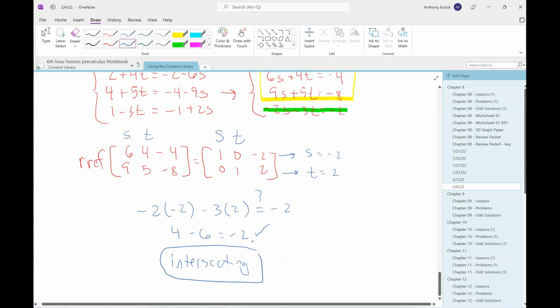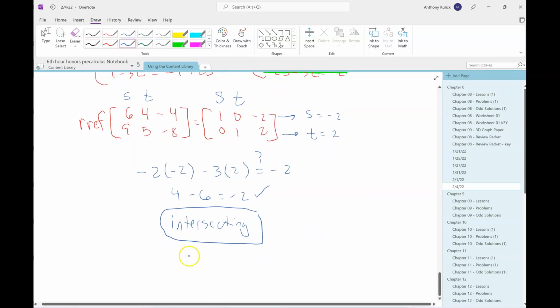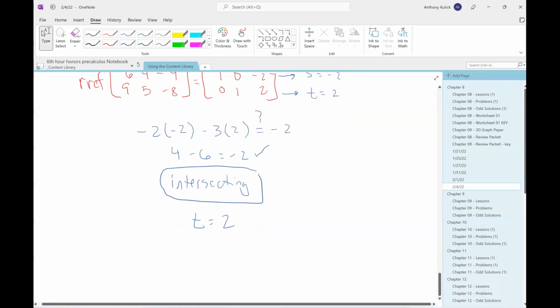So that part's done. To find the point of intersection, I'm going to pick either S or T. I'm going to use T because there's no negative sign in it. It makes it one less thing for Mr. Kulik to screw up. So if I plug that in, I have 2, 4, 1 plus 4, 5, -3 times 2.